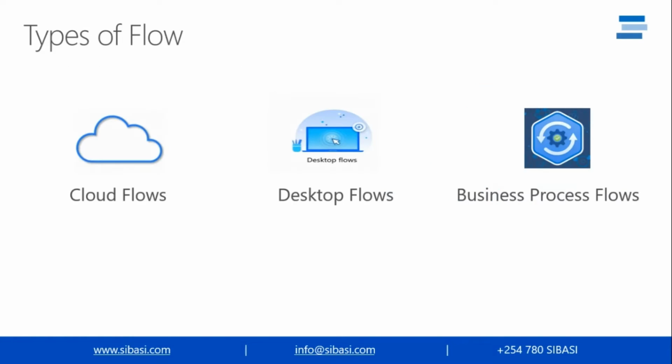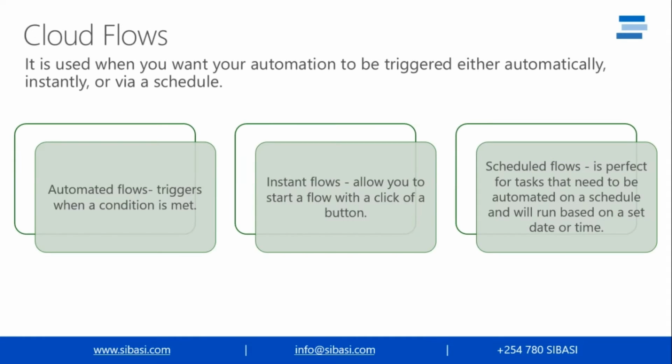Types of flows: we have three types of flows: cloud flows, desktop flows, and business process flows. Cloud flows are used when you want to automate something automatically, instantly, or over a schedule.